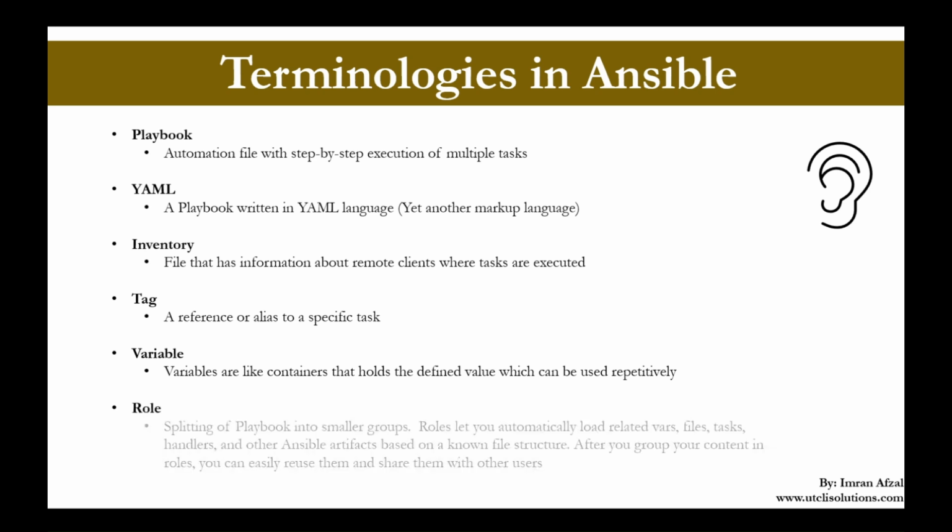Then a role. Splitting of playbooks into smaller groups. Roles let you automatically load related vars, files, tasks, handlers, and other Ansible artifacts based on a known file structure. After you group your content in roles, you can easily reuse them and share them with other users.